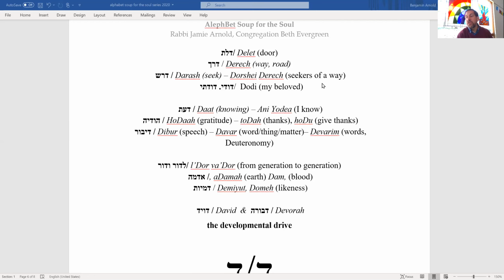It also means uncle, or doda is aunt. So it's a term of expression and closeness, and it's presumed that expression was used in the Middle East and still is today, not just to refer to the siblings of your parents, but also to a dear friend, a friend of the family, a doda or dodati.